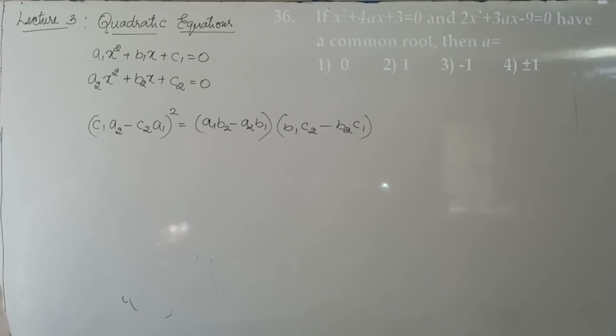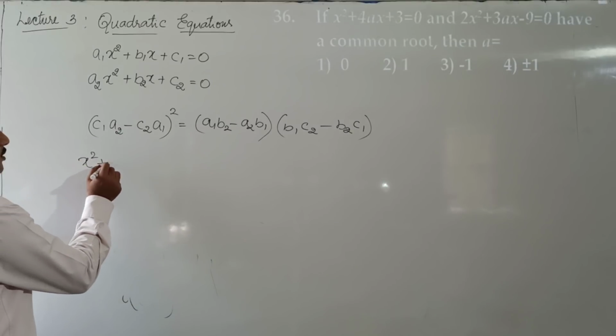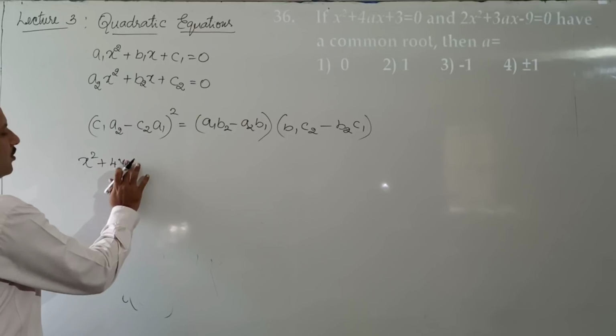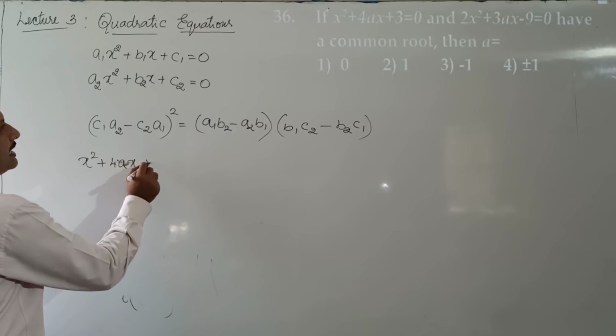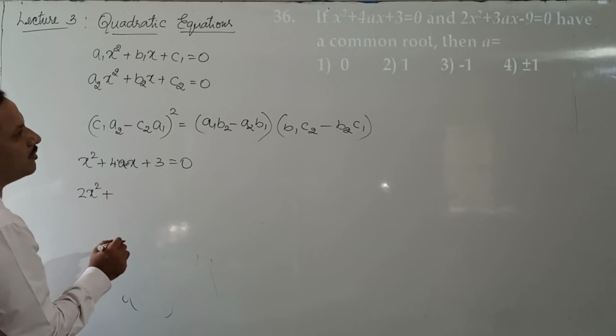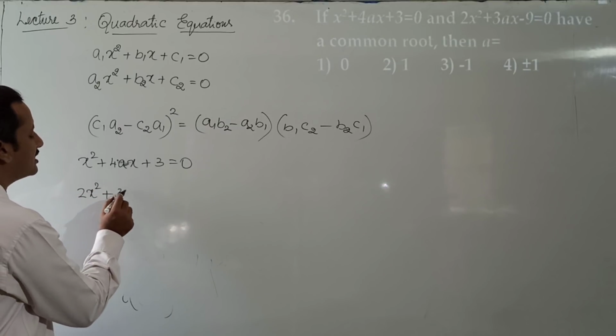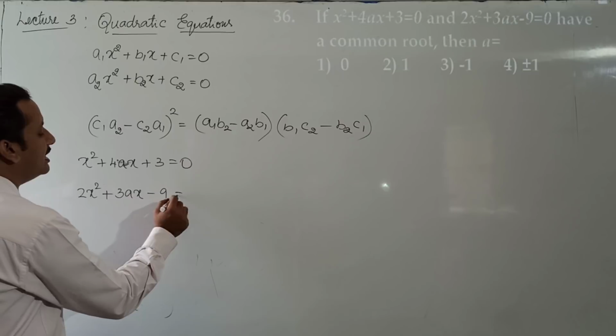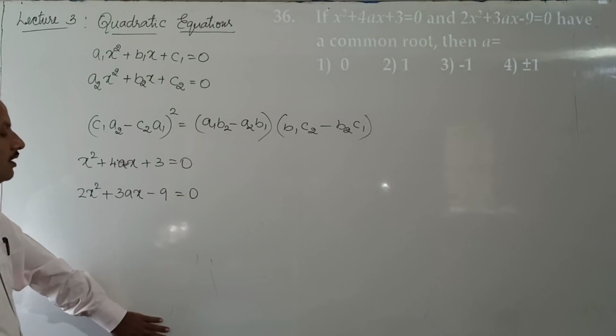Now look at that equation. X square plus 4ax plus 3 is equal to 0 and 2x square plus 3ax minus 9 is equal to 0.